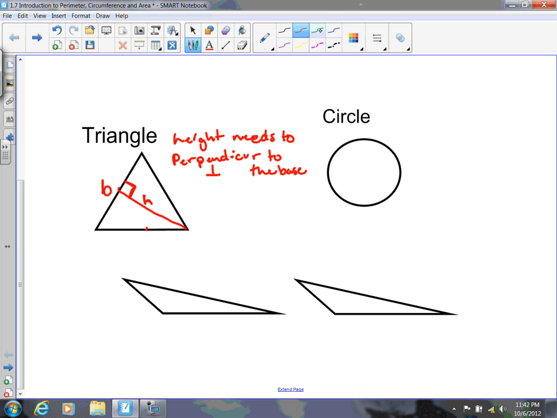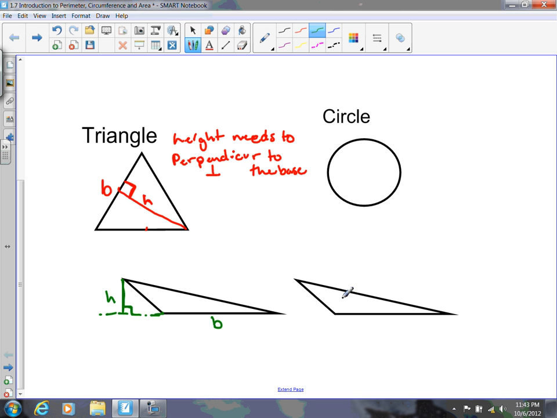One way, this is my base. My height would have to be, it's not a straight up mark here. That's not my height, because it's higher than that. What I have to do is extend my base over, and then my height is going to be perpendicular to that. And that would be my height of that triangle.